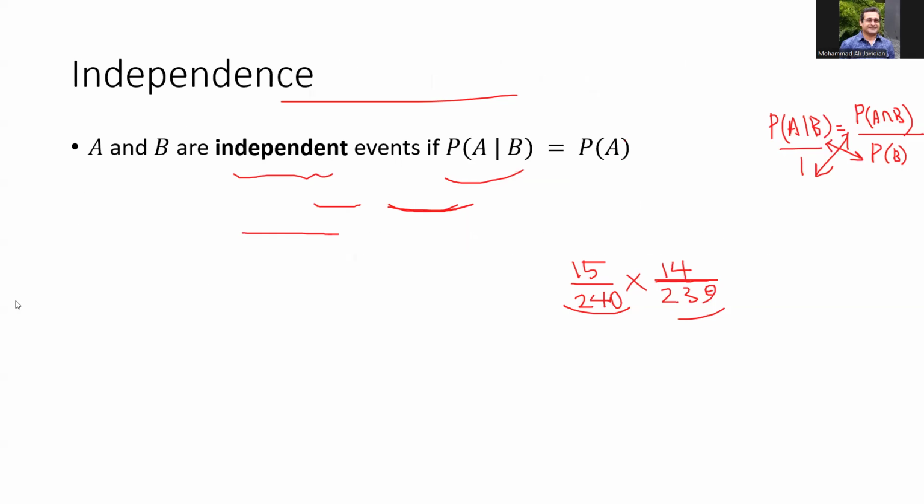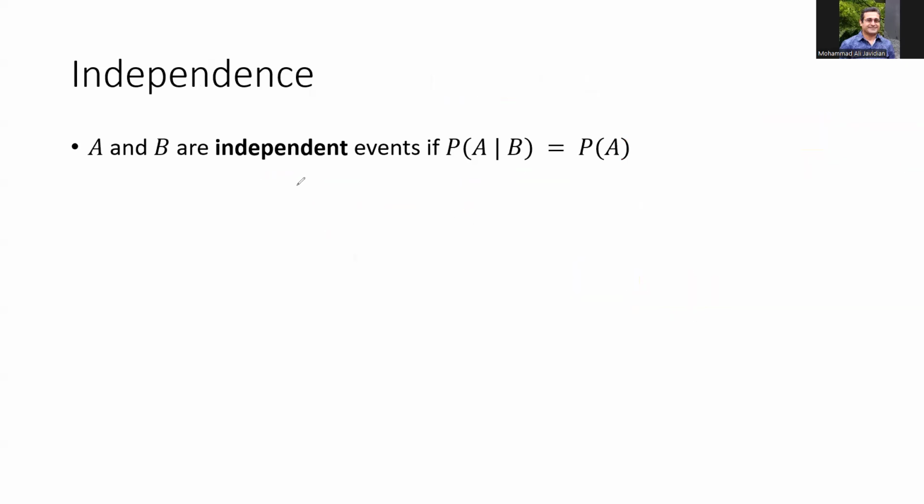So the next topic is independence. We say two events are independent if P of A given B equals P of A. That means the probability of A doesn't depend on B. So observing the behavior of B doesn't have any added value to compute the probability of A. Knowing the state of B doesn't have anything to do with knowing the state of A. So in that case, these two are independent.